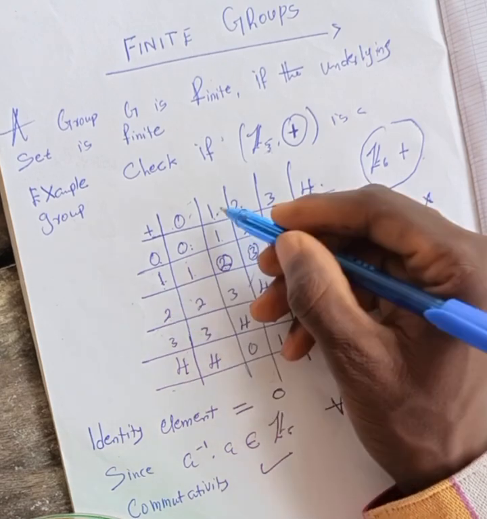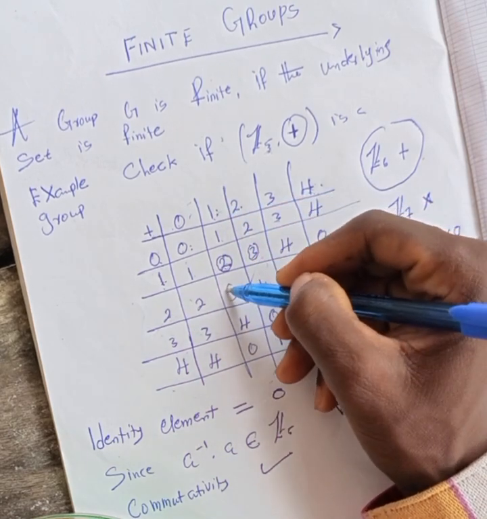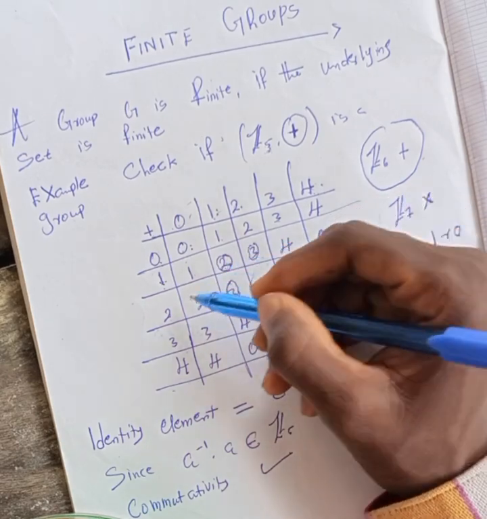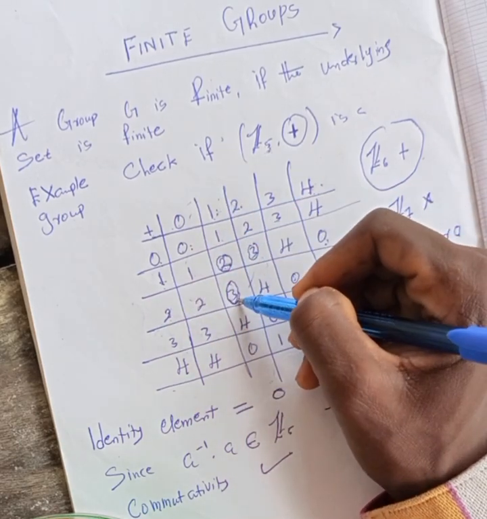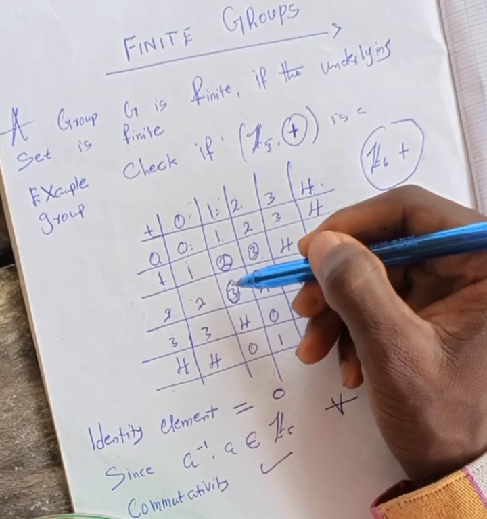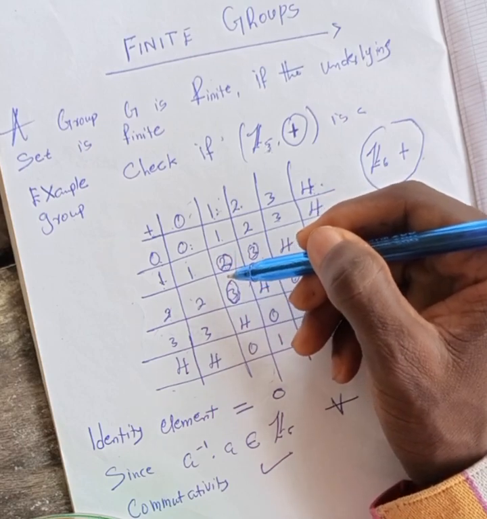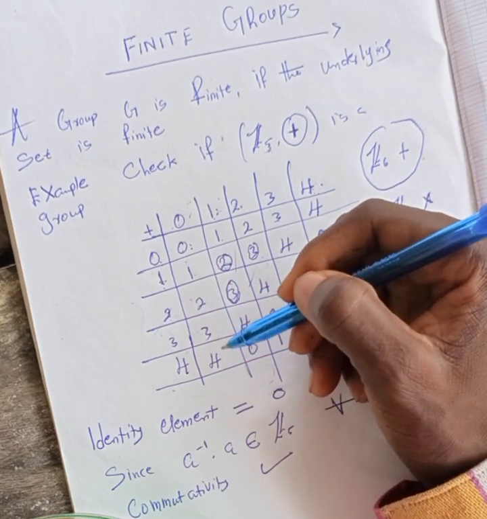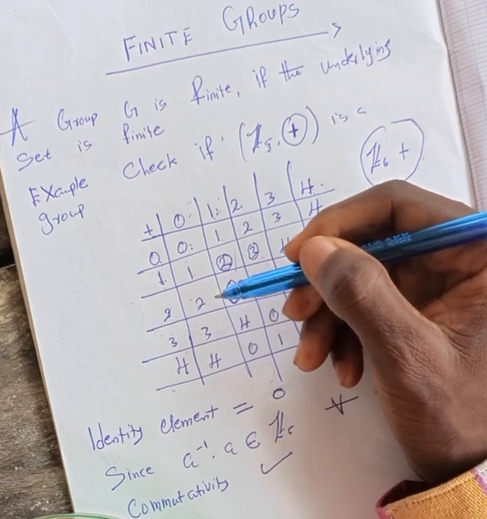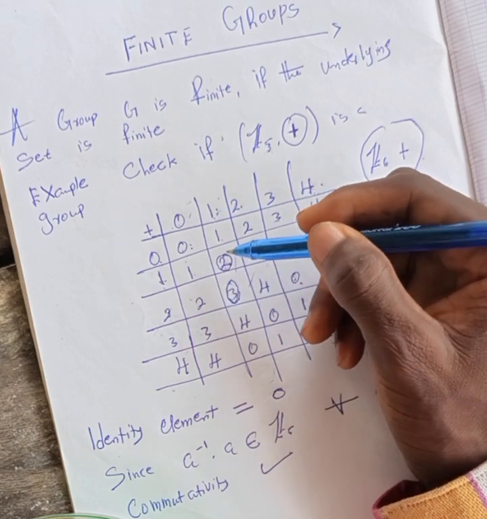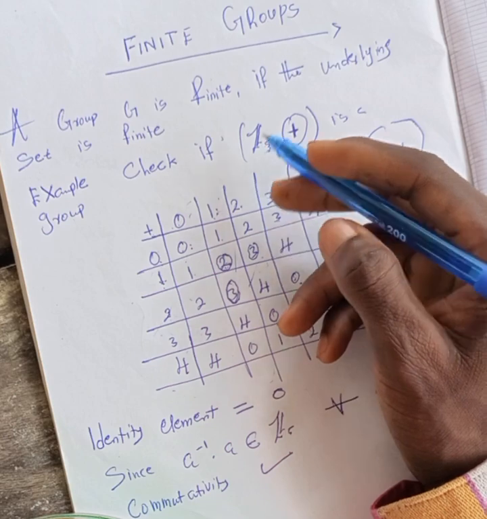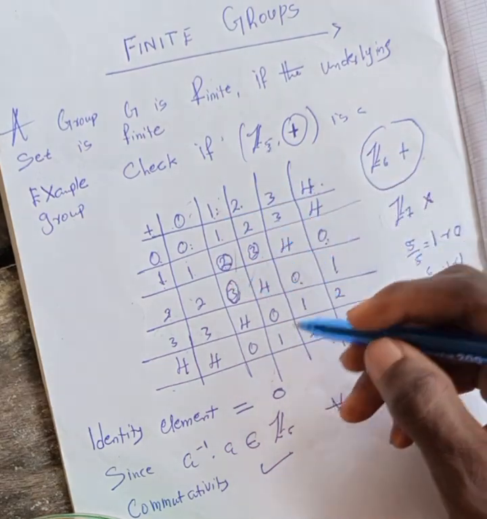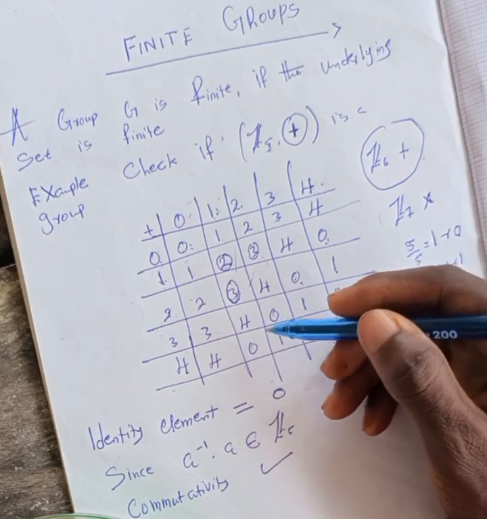Similarly, 2 plus 1 is also 3. So it simply means that we have an inverse element. These are some of the axioms that show that a particular set is a group.